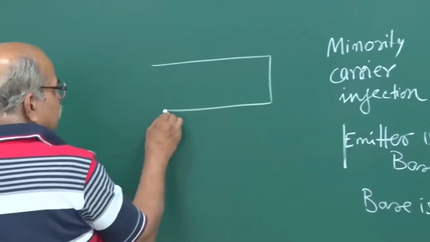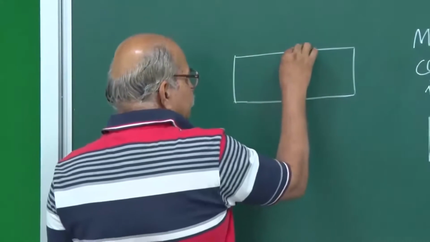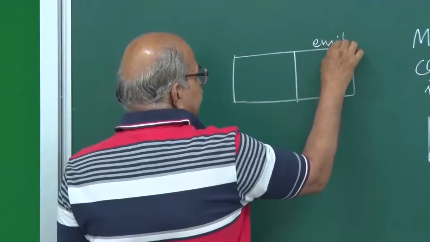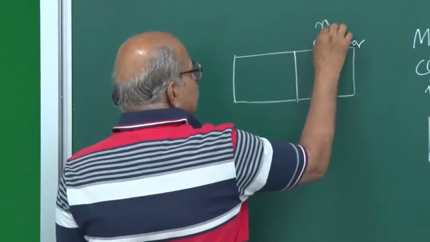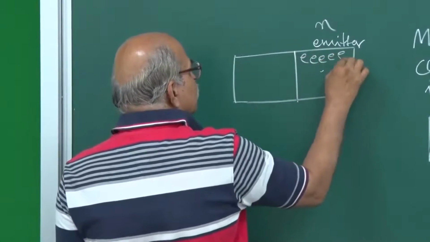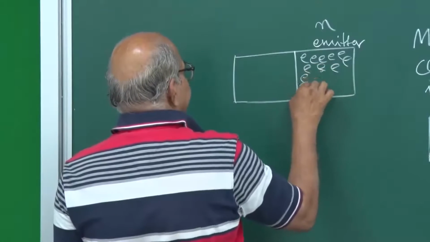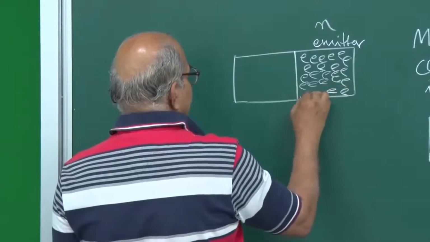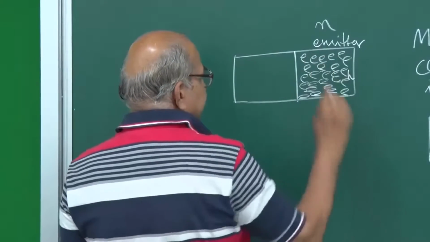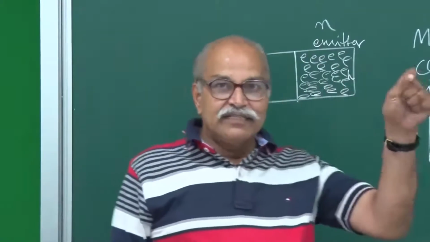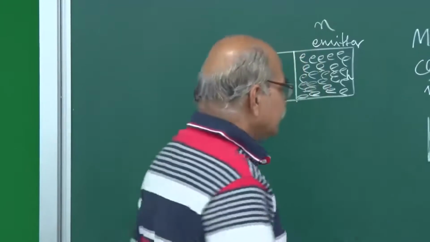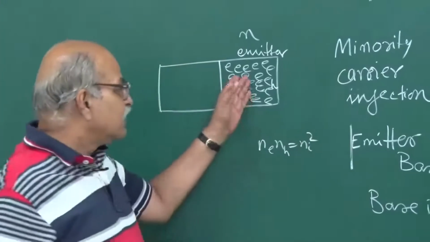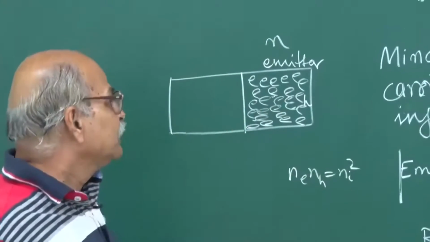First let us think of this first junction. This is emitter, which is N-type, which is heavily doped. That means there are lot many electrons there, very small number of holes. Remember, Ne into Nh is Ni square. So if one is very large, the other is very small. That is one.